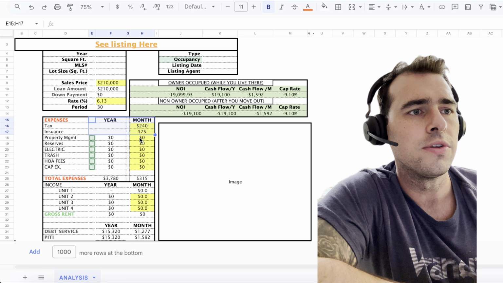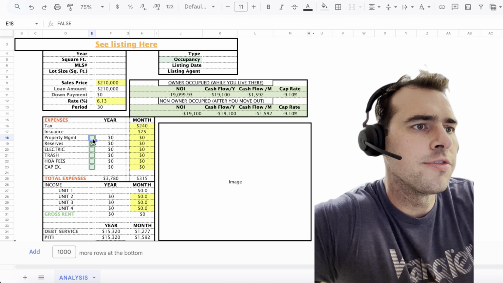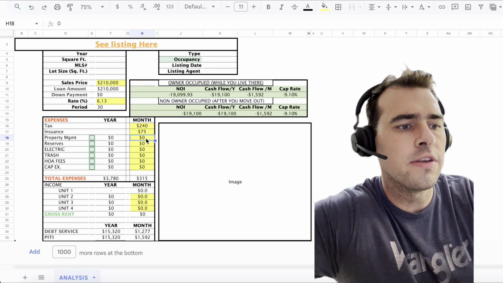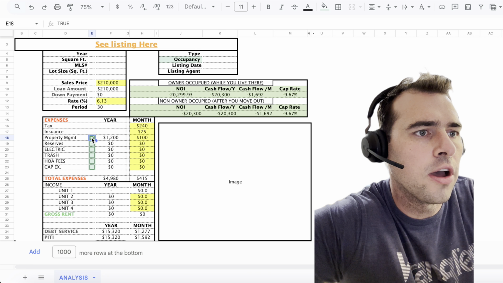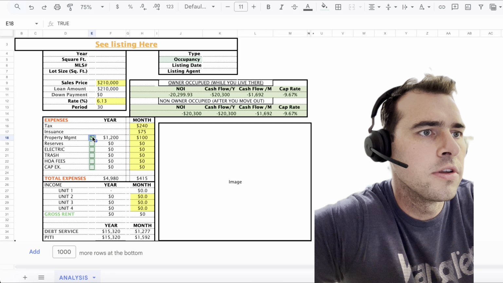So what these little boxes right here are for: if you want to account for your property management, you would just fill in your property management, say it's going to be $100 a month, and then you can toggle it on and off, and it'll reflect at the bottom here on your total expenses. And that's how any of these work.